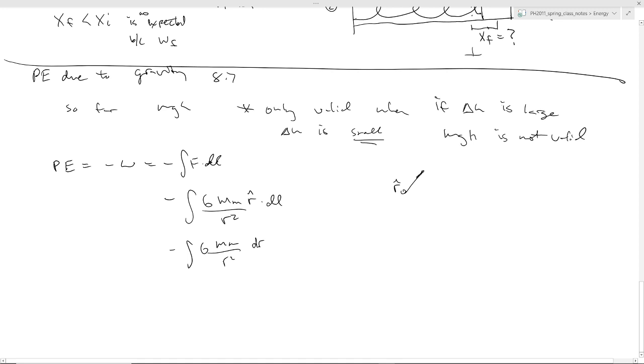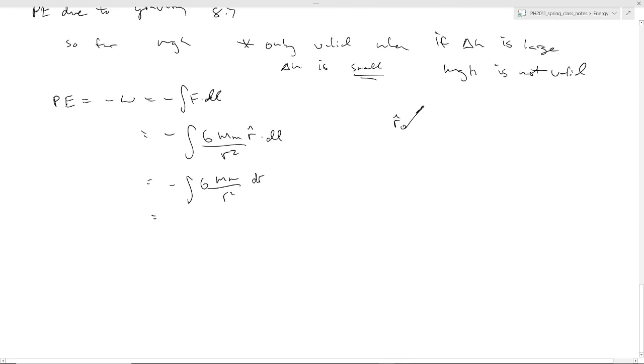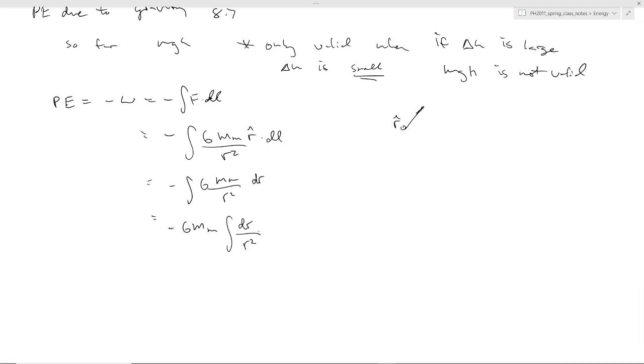Notice the G M m is constant. We could pull that out if we wanted to. Why don't we do that just to make it a little more clear? Give us a little more room here. So we're trying to integrate 1 over r squared, is the short story.